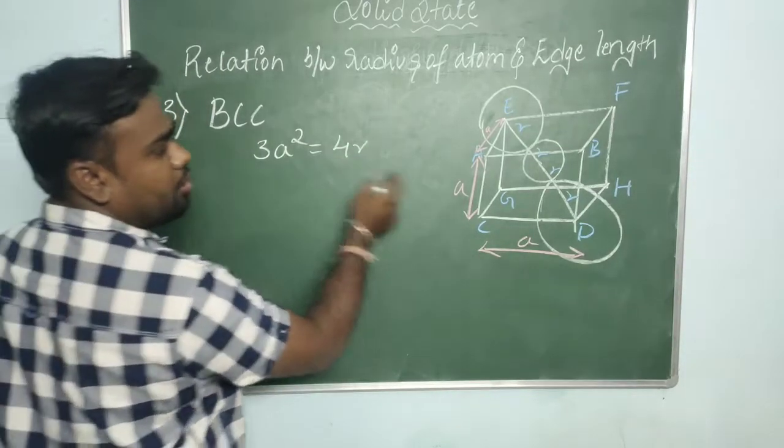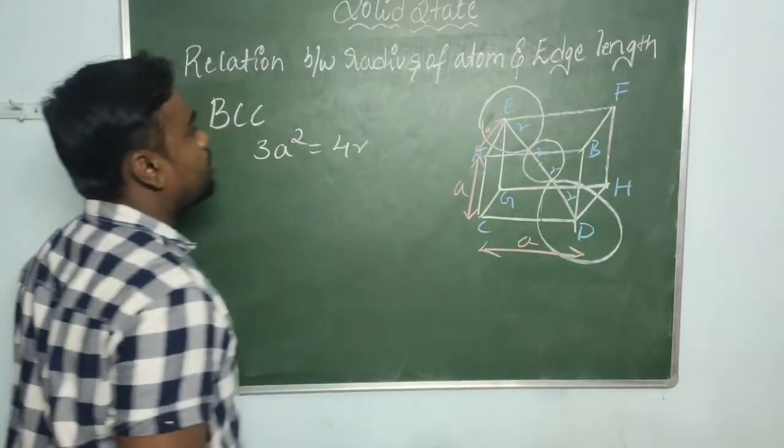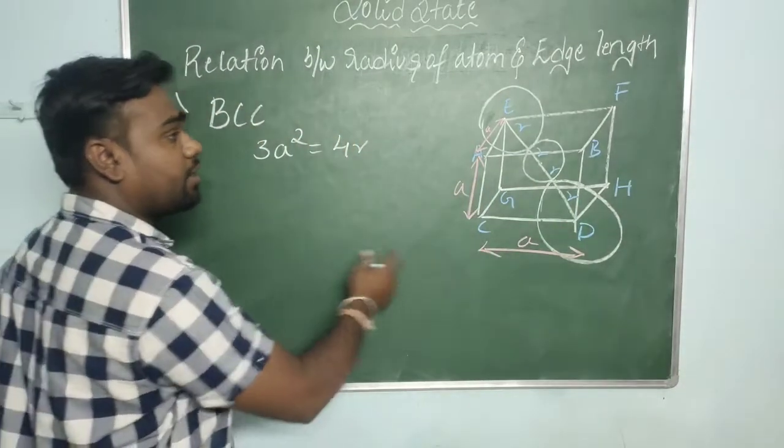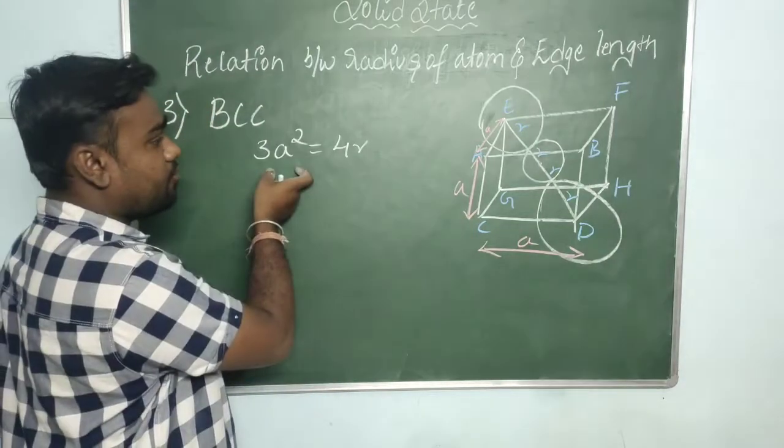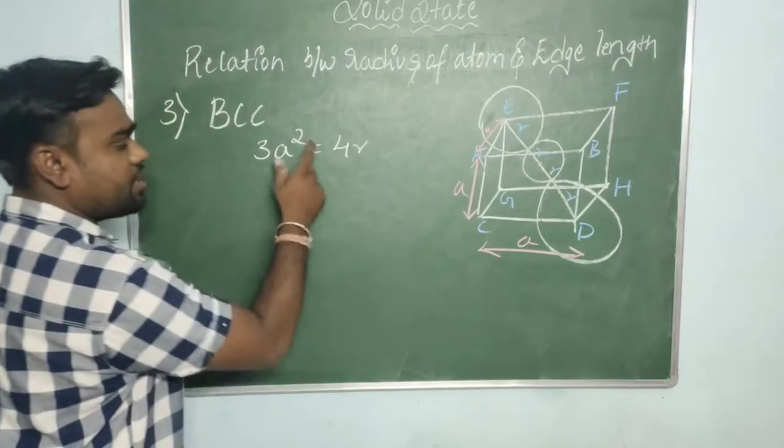How can we get the 4R? Because we are getting 4 radius in the body centered cubic. Till 3A square, we are getting the edge length.